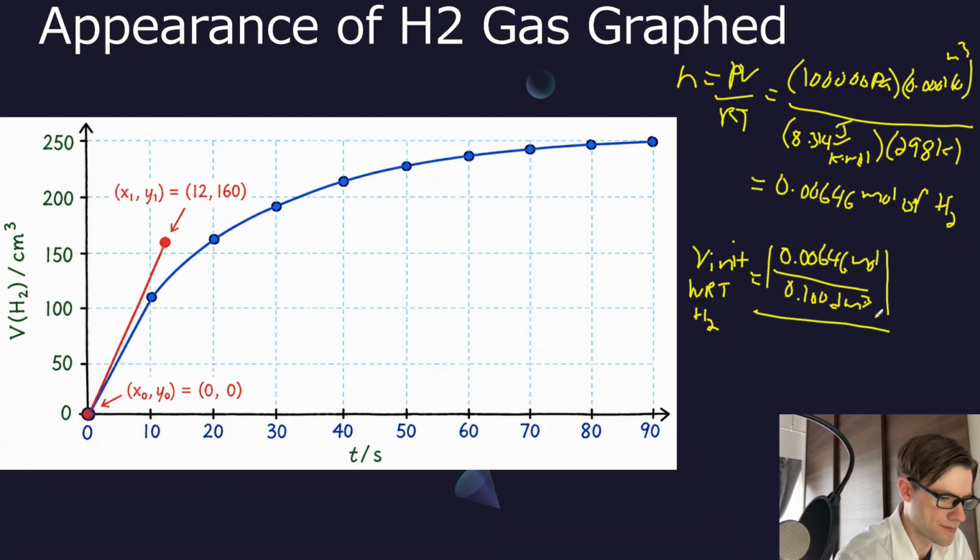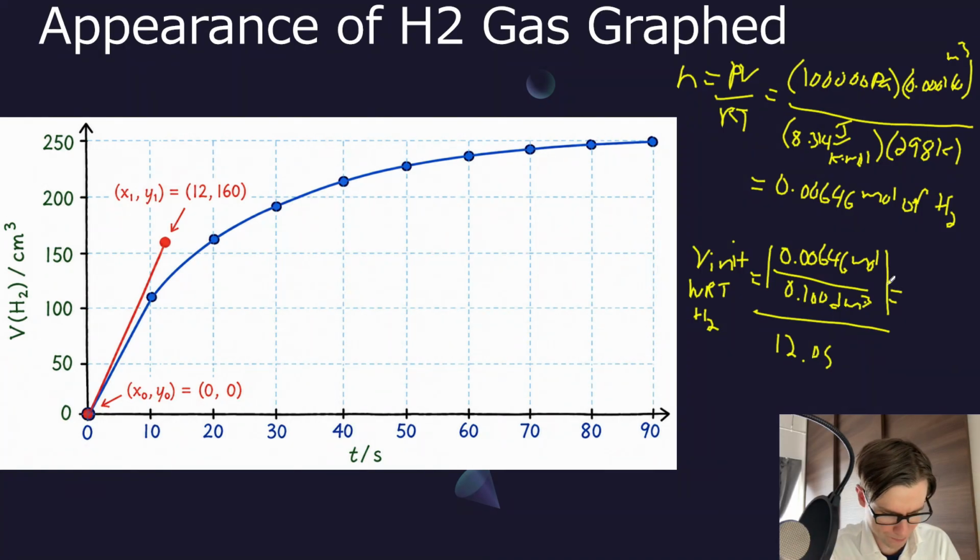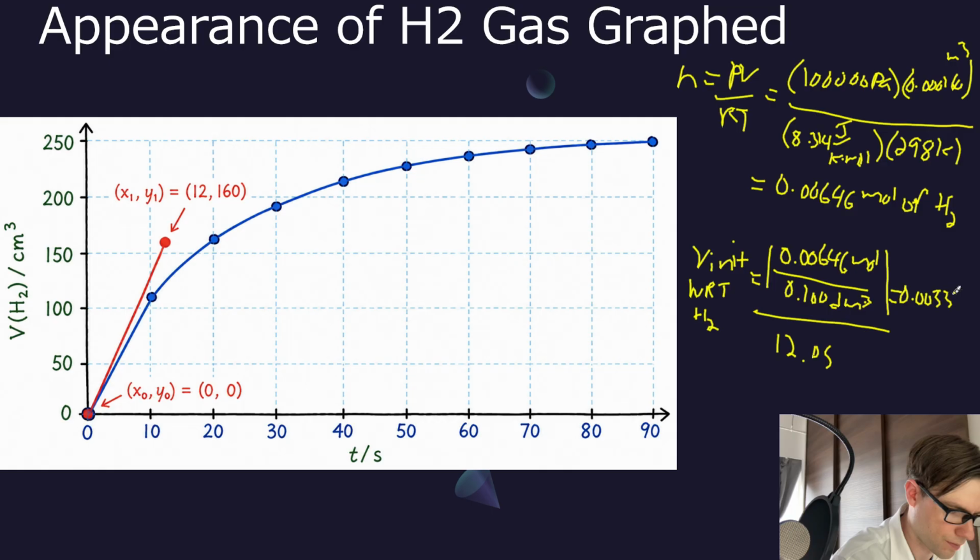And then the time on our tangent line, this is like 12 minus 0, so it's 12 seconds. So this will come out to 0.00538 mole per decimeter cube per second, the best units for rate.